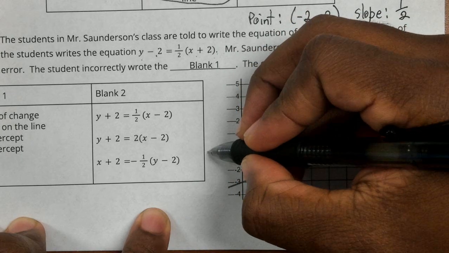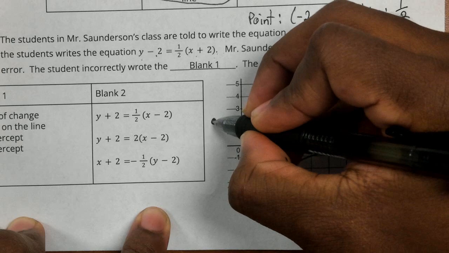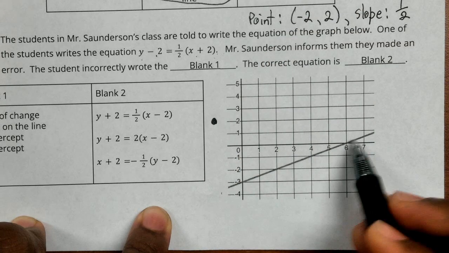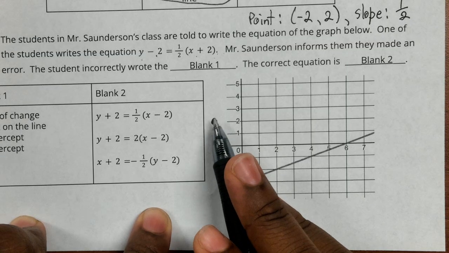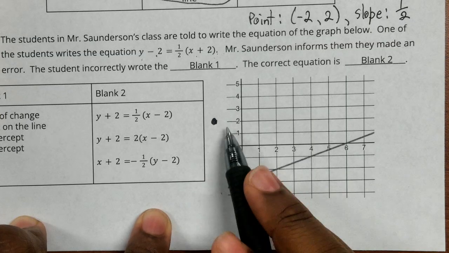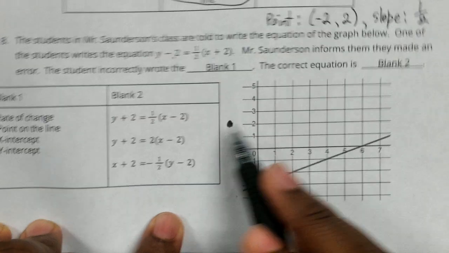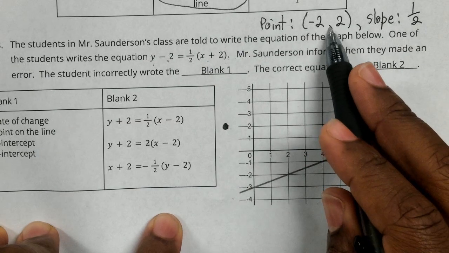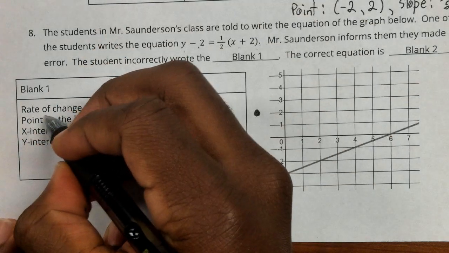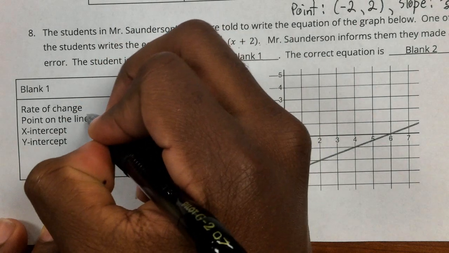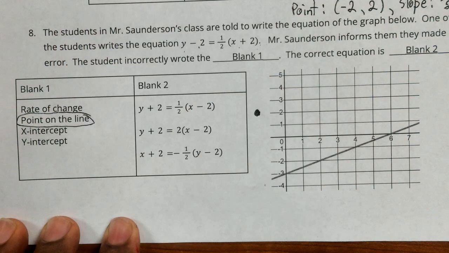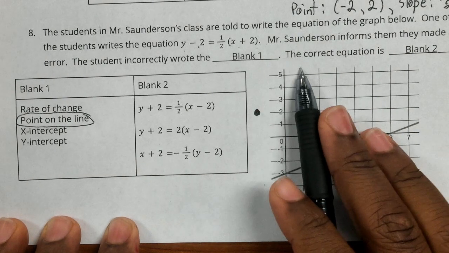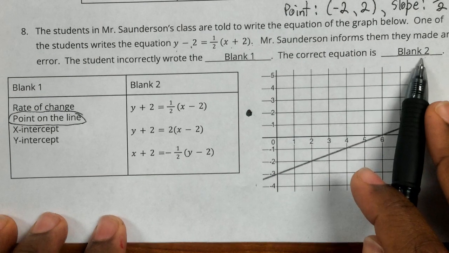So -2 for the x, +2 for the y would be here. But did my line cross this point? No. So because my line did not cross this point, that means that the point is what is wrong. All right? So in this case, the rate of change is not what's wrong, but the point of the line is what's wrong.